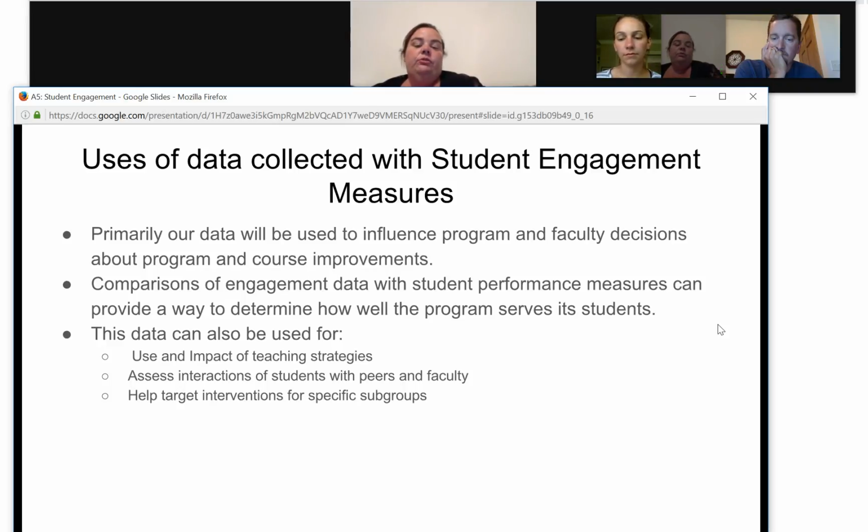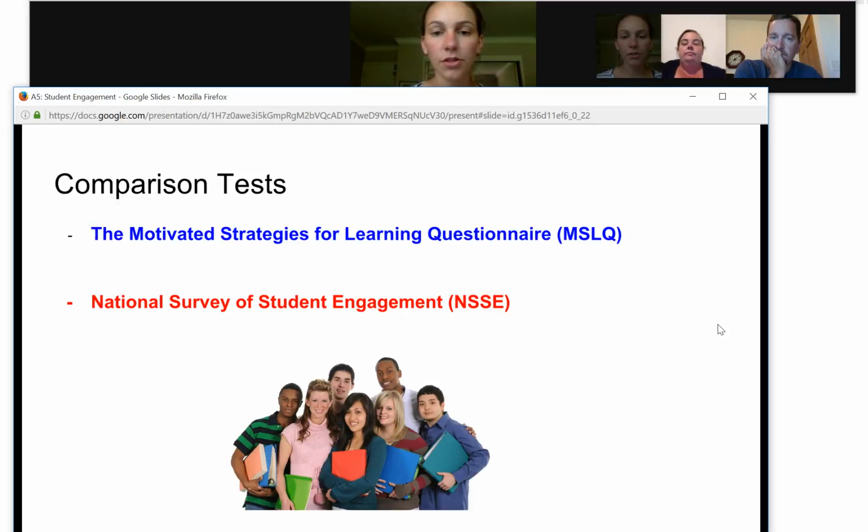Besides what we're planning to use it for, data can also be used to impact teacher strategies, look at high yield strategies and how they impact student learning, assess how students are interacting with their peers and faculty, look for any areas of improvement, and target specific subgroups like gender, international students, or any other students who are at high risk for attrition in the program.